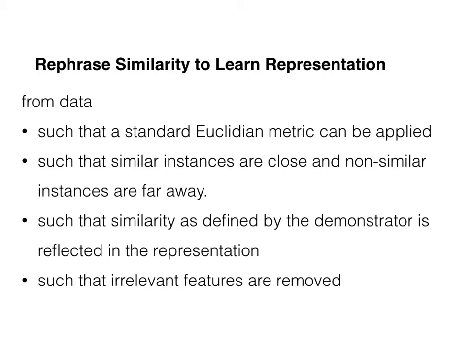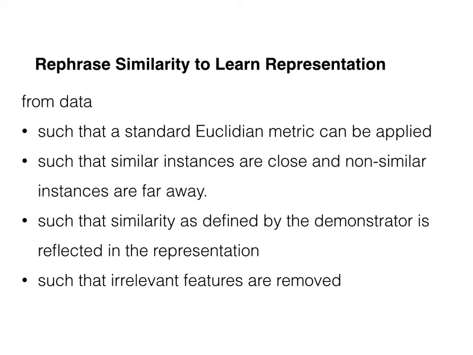We want similar instances to be close and non-similar instances to be far away. And we want similarity to be defined by the demonstrator and be reflected in the representation in such a way that irrelevant features are removed.